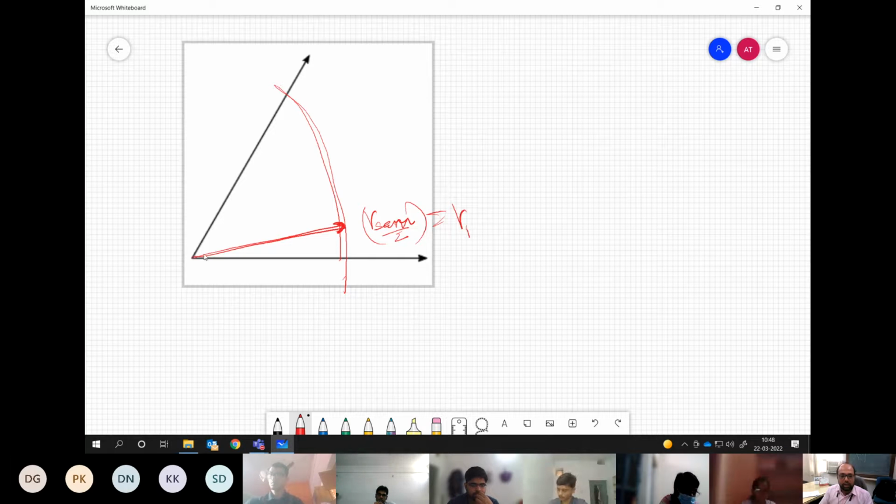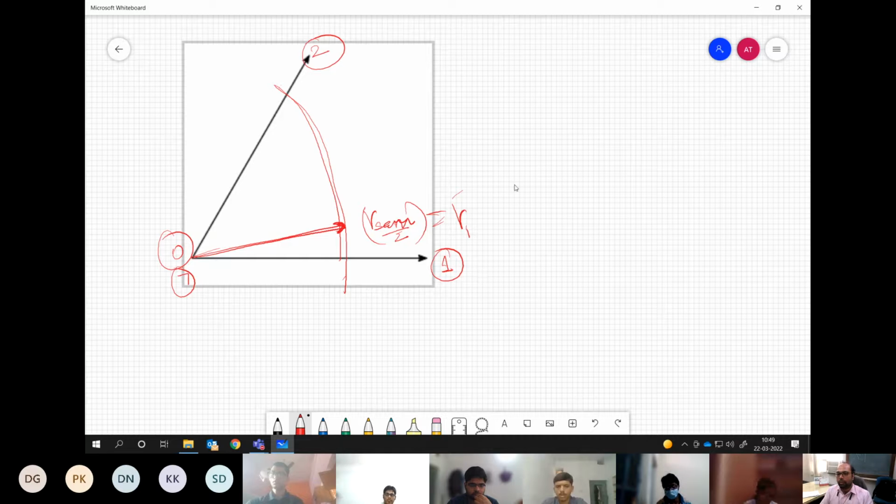Now the question is, how do we apply the voltage vectors 1, 2, 0 and 7 to realize this gamma? What is the meaning of applying these vectors to realize this sample? Where do we start applying the vectors, and where do we stop?